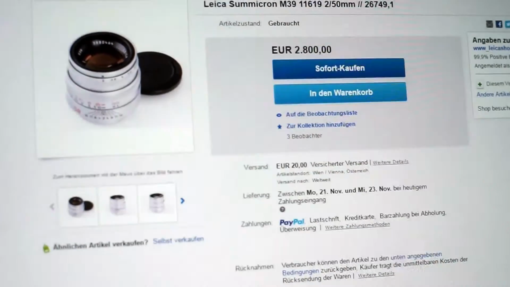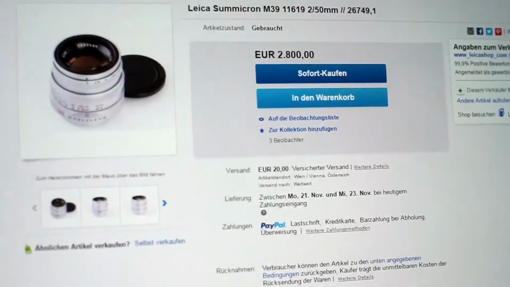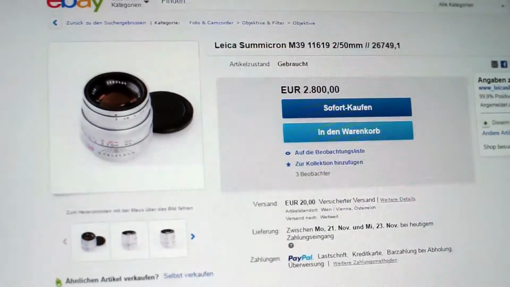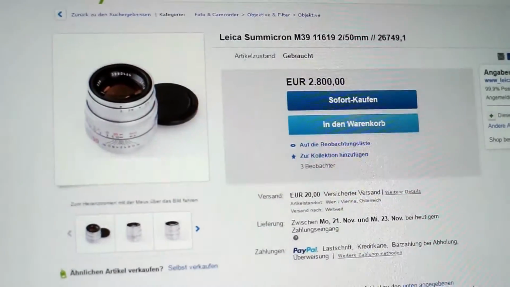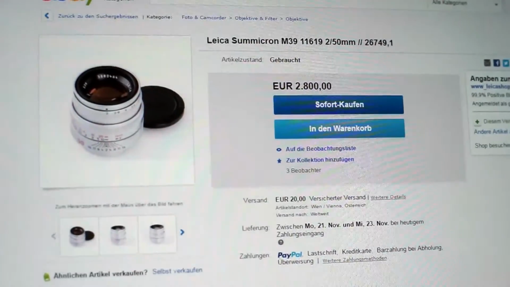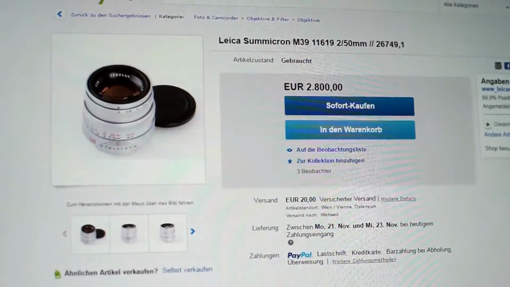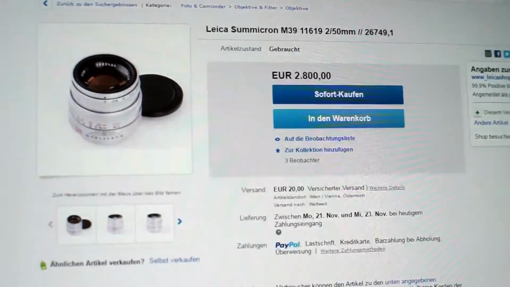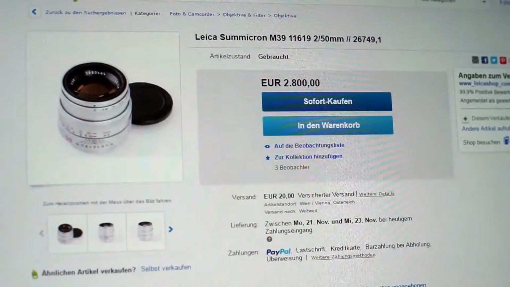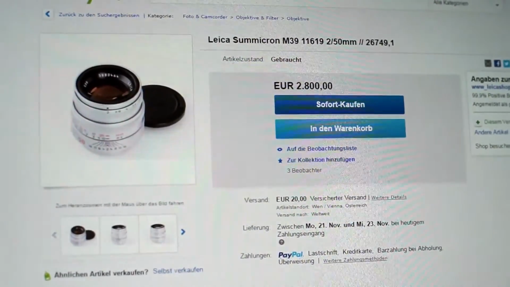So guys, let's get the first thing clear. What you are looking at here is the current eBay price for the M version of the Summicron. In this pristine condition it is listed at 2,800 euros.